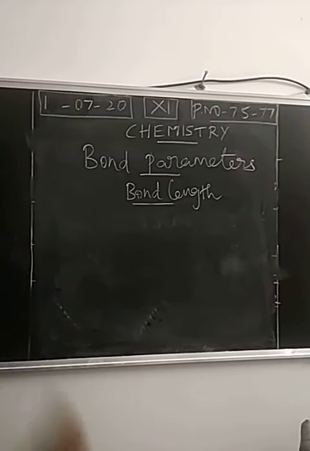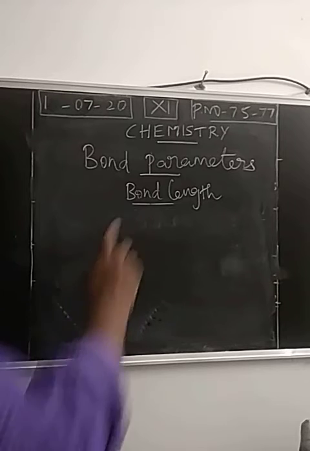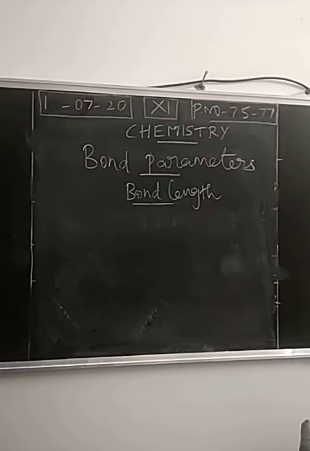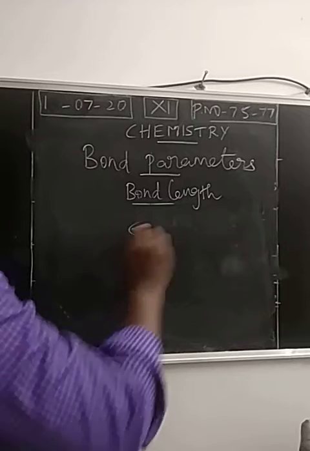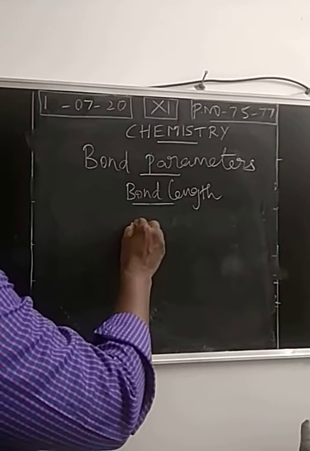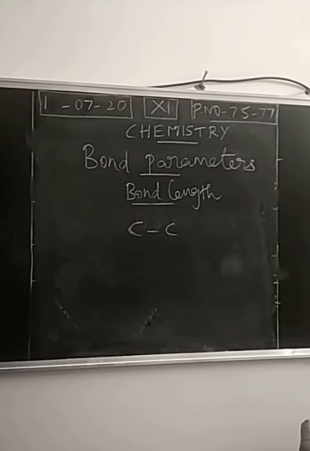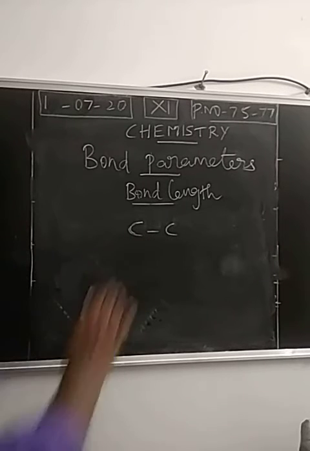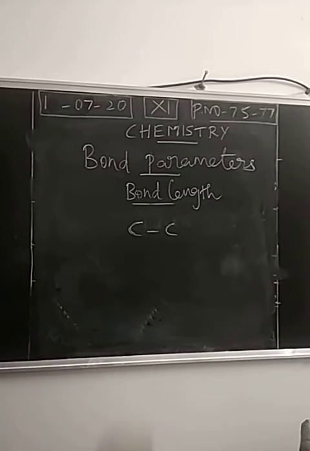Next, bond length depends on 2 factors, right? One is the size of the atom, another one is the number of covalent bonds present between 2 atoms in the molecule. So this is mainly based on 2 factors. If the size of the atom is more, when you take a carbon-carbon single bond, 2 carbon atoms mutually share electrons, it forms a covalent bond.